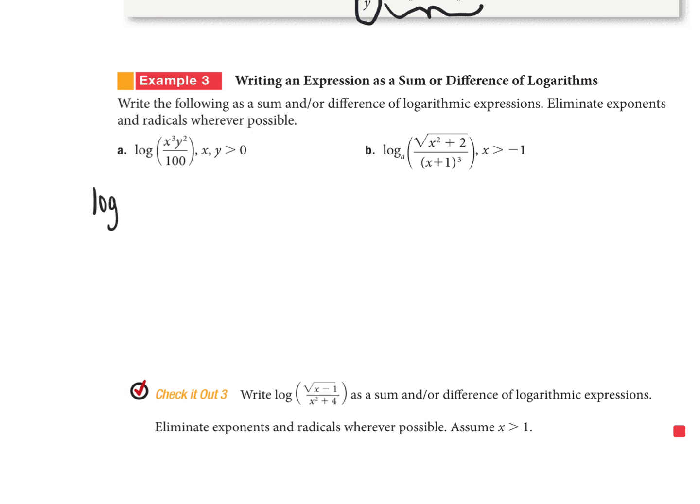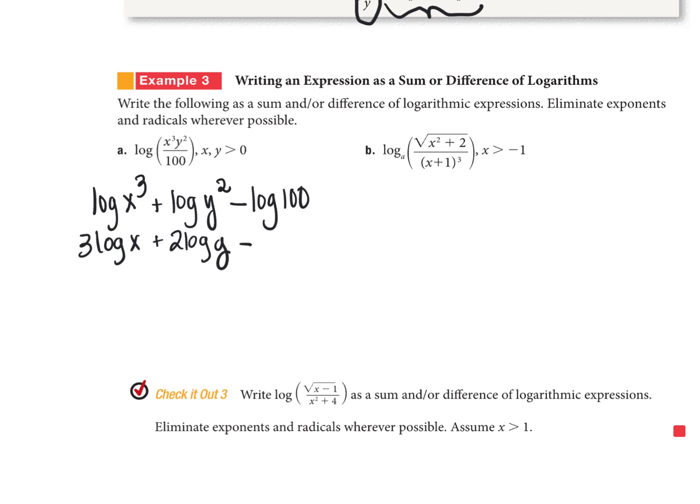We have log x to the third plus log y squared minus log 100, which would be 3 log x plus 2 log y minus, this is a common log of 100, 2. Log base a of the square root of x squared plus 2 minus log base a of x plus 1 cubed.